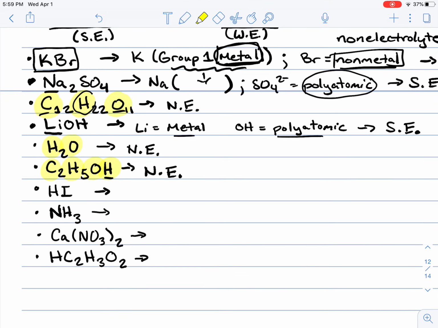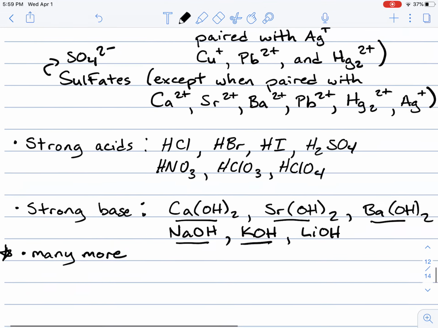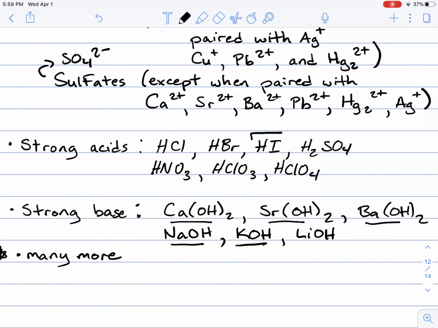Okay, so looking at our next example, here we have HI. It's very tempting to say that, oh, look, we have hydrogen, which is a nonmetal, and an iodine that's a nonmetal. However, if you look at our list, HI is a strong acid.